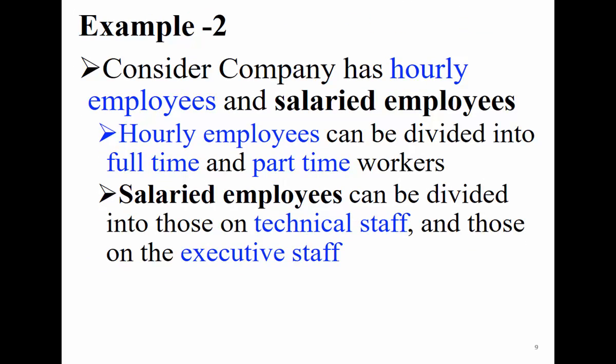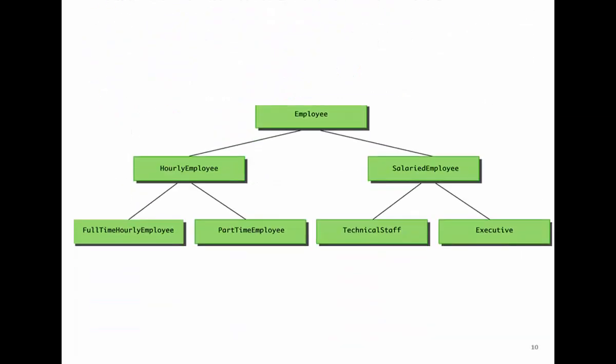This is an example where you have a company that has hourly employees and salary employees. Hourly employees are divided between part-time and full-time, and salary employees are divided into technical staff or executive staff. So by giving this description, you will end up with a unique Java class hierarchy: you have an employee, you have hourly and salary, and then you have full-time and part-time, and technical and executive staff under the salary employee.